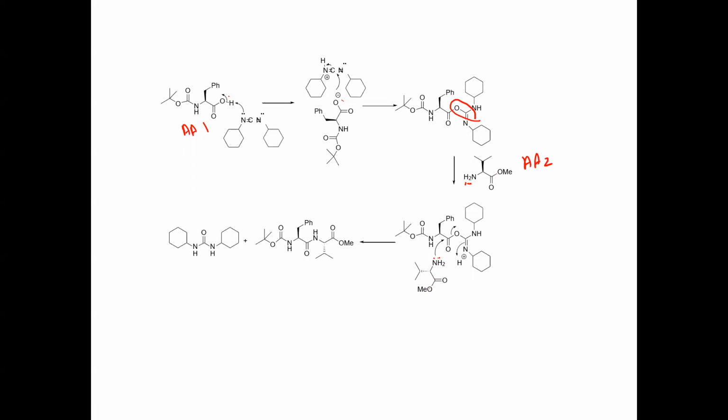The lone pair donates to this ester bond here. As a result, this nitrogen atom gets a positive charge, the electron is added towards here, and this breaks up. A new bond is formed, and it gives back the bond by giving off the H plus ion. As a result, this goes out and we get the peptide.